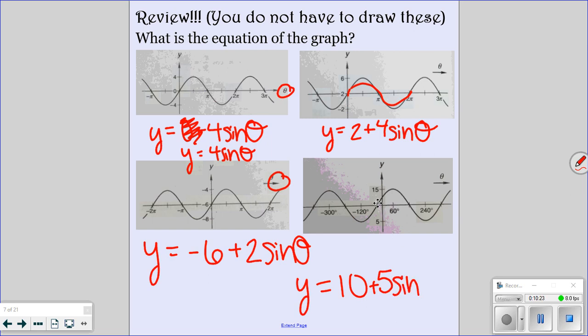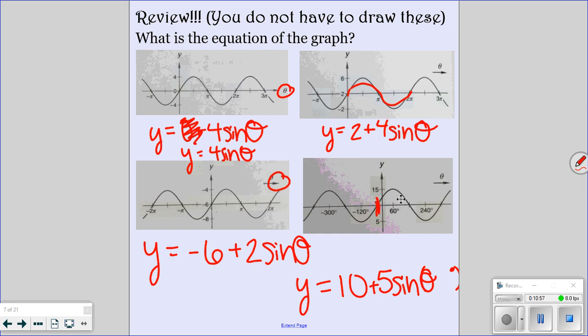Normally sine is going up at the origin, but I'm going to put my fake origin right there. And I'm going to have to figure out what that is. So we're going to do an open parentheses and a theta, and then leave a space and put a closed parentheses. We're going to put some degree in right here. If you look, we're going from 60 to something to 240, and then we're going backwards to something to negative 120.